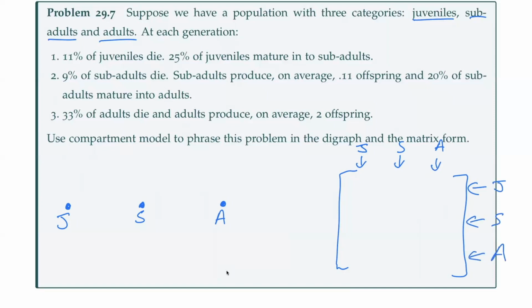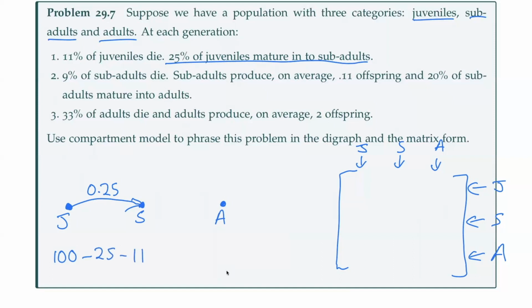Okay, so first of all, we're told that 11% of juveniles die and 25% of juveniles mature into sub-adults each year or each generation. That means there must be an arrow here of weight 0.25. If 25% mature and 11% die, we start off with 100%, minus 25, minus 11.